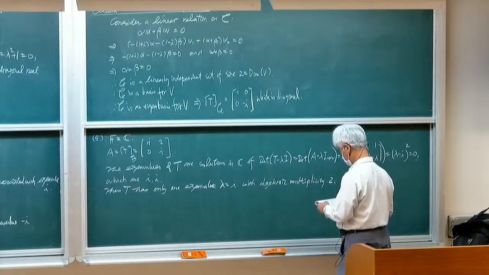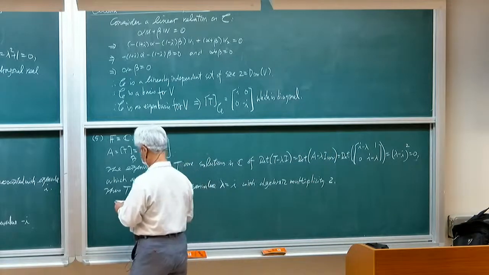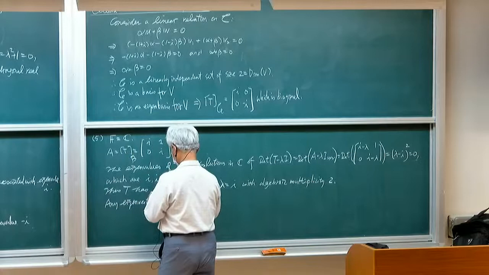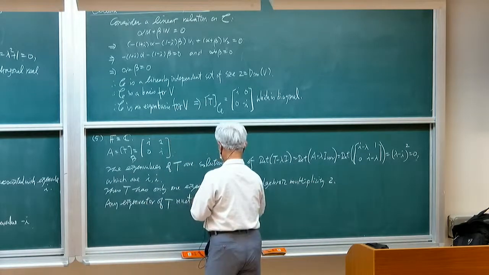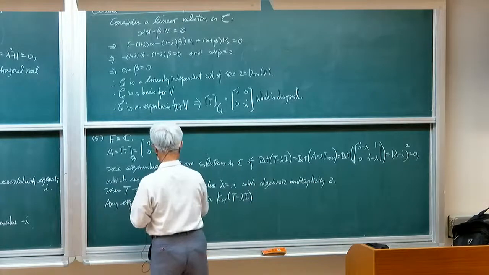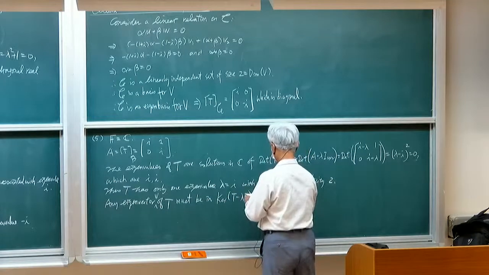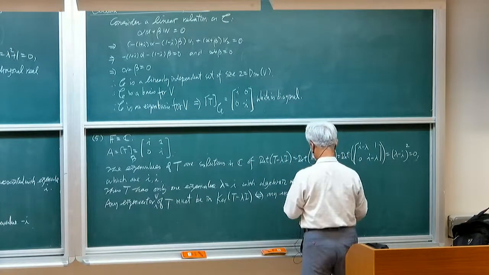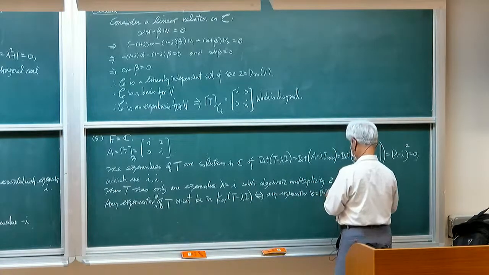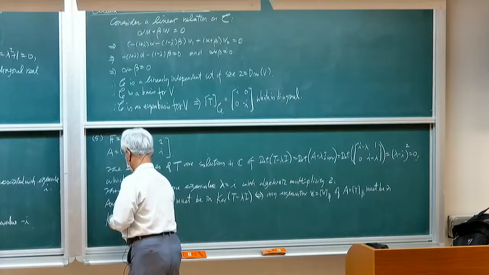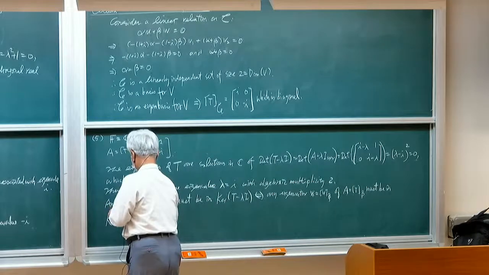Now any eigenvector of T must be in the kernel of T minus lambda I. So any eigenvector x of A must be in the kernel of A minus i times I 2 by 2.